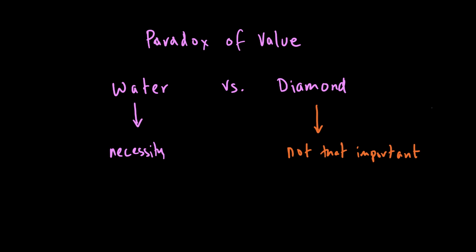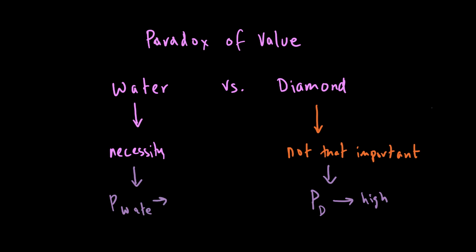But if you look at right now, the price of, for example, diamonds, let's call it PT, the price of diamonds is very, very high. But when you look at the price of water, it is very, very low.